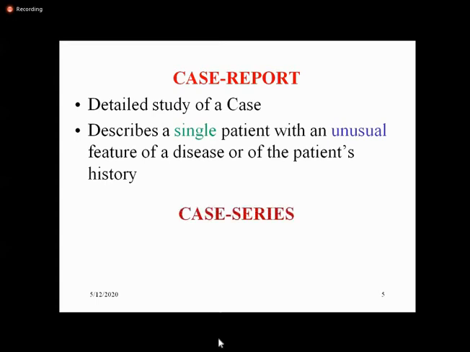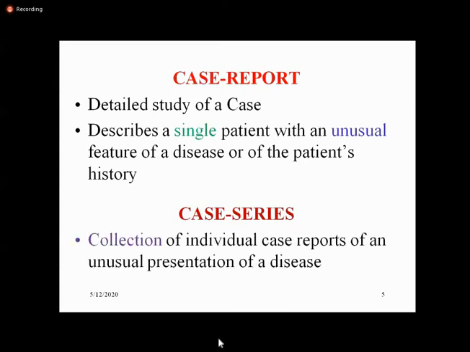The case series is somewhat the same as a case report, but the difference is in the number of patients. If there is more than one patient with the rare disease or new disease, you can choose the case series. So case report and case series are just the same, but differ in the number of patients.